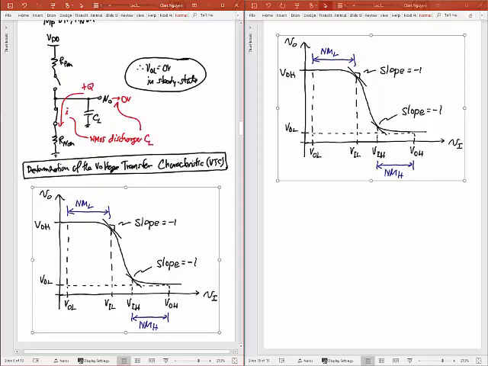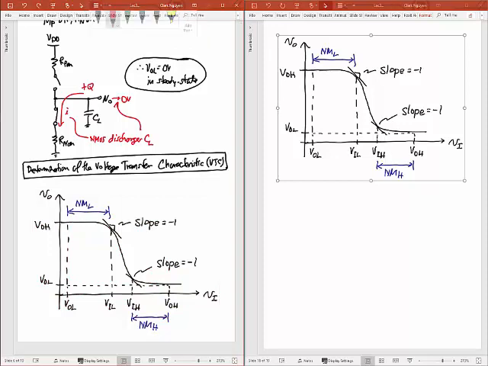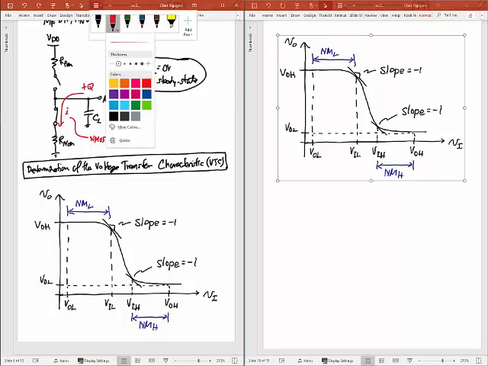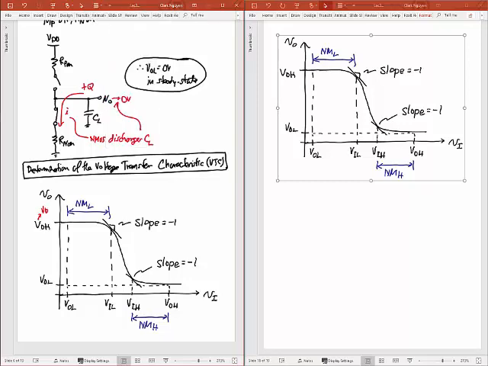And so what do we know so far about our CMOS inverter? Well, we've now established that the VOH is simply VDD. Okay, and the VOL is ground, which is 0 volts.